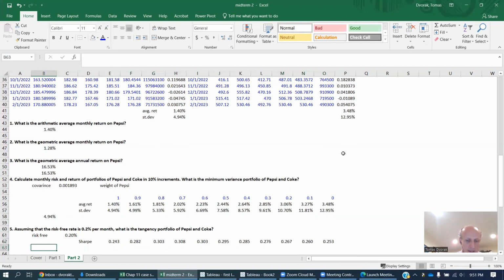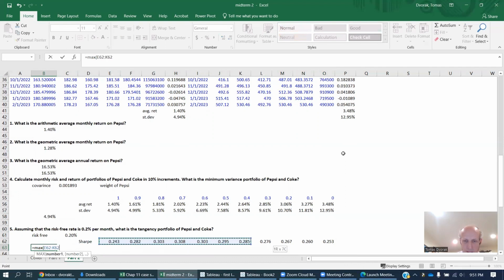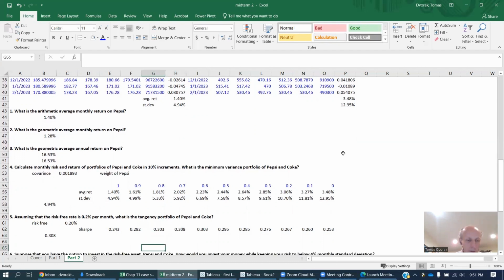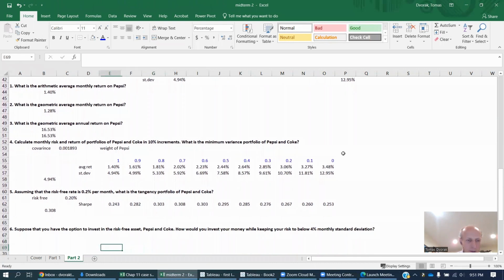And I can find the maximum Sharpe ratio, max of this range, which is 0.308, and that corresponds to 0.7 weight on Pepsi, 0.3 weight on Coke. So that's our tangency portfolio. Oops. I don't know why it disappeared. All right. So fantastic. We know the tangency portfolio.